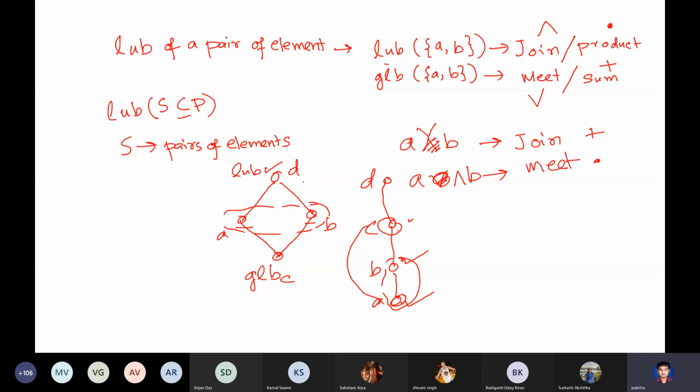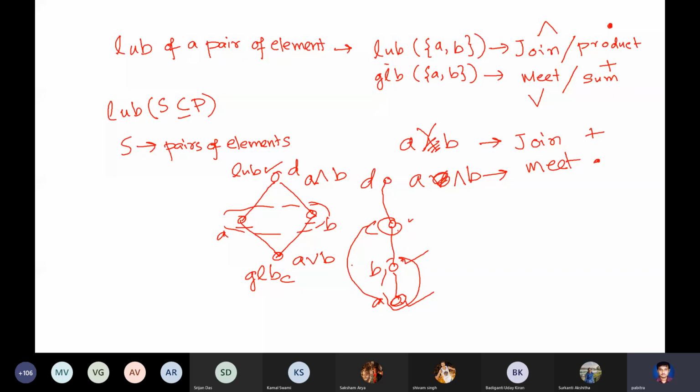Again, because of the property that the LUB and GLB for any set have to be unique if they exist, the join or meet for a pair of elements are also unique if they exist. It is possible that they do not exist, but if they exist, both join and meet are unique. I can think of join and meet as binary operations.